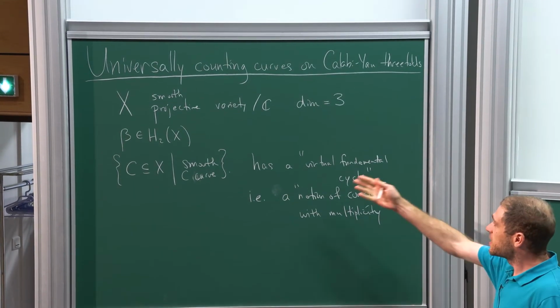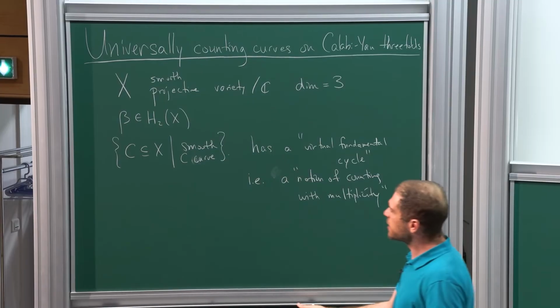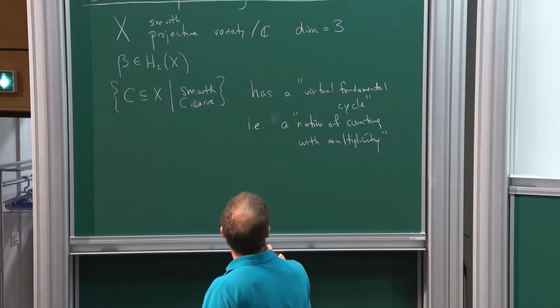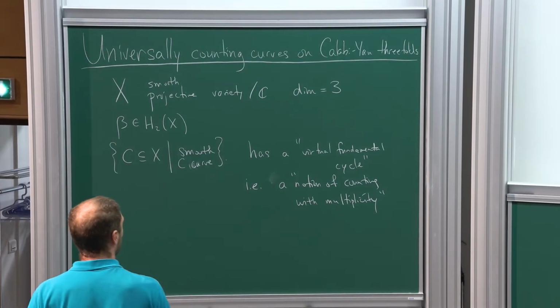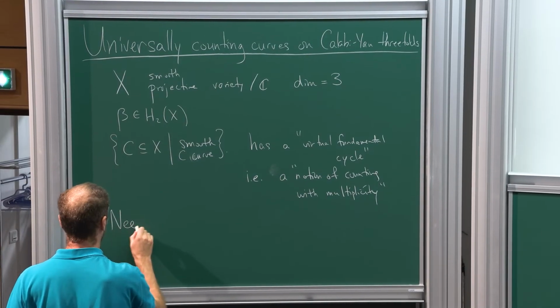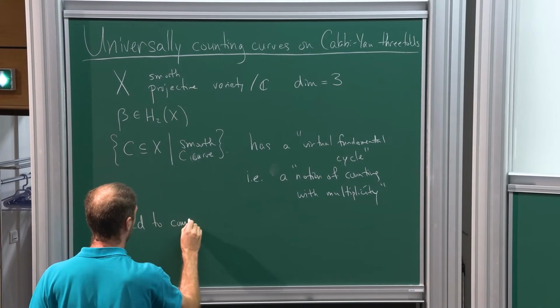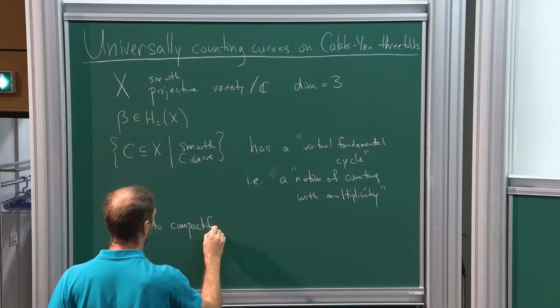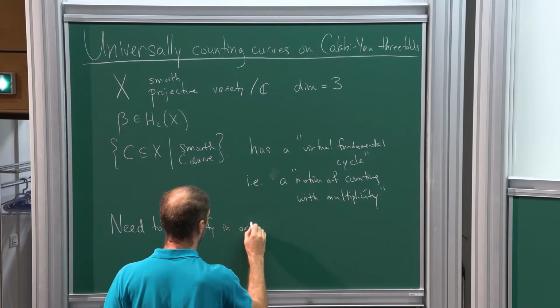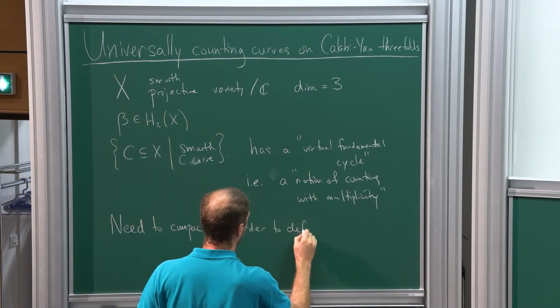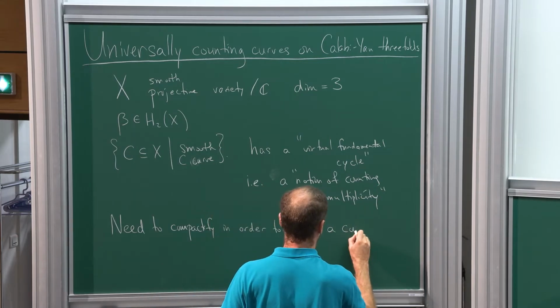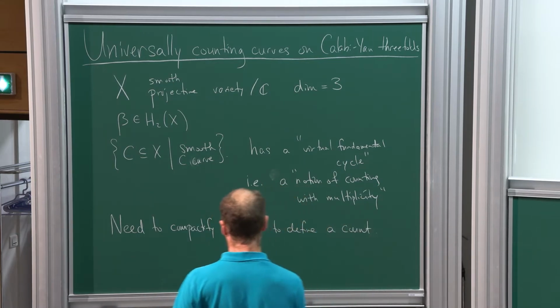So the space is nice in this sense, but it's not nice in the sense that it's usually not compact. So to get any sort of count, we need to compactify and define a count.